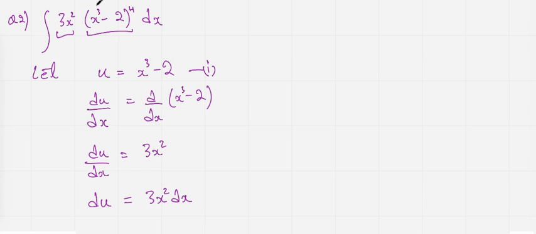So 3x squared dx is going to be replaced by your simple du. Okay, so over here, let's continue. It's going to look something like this. This is my u power 4. 3x squared dx is going to be replaced by my du.